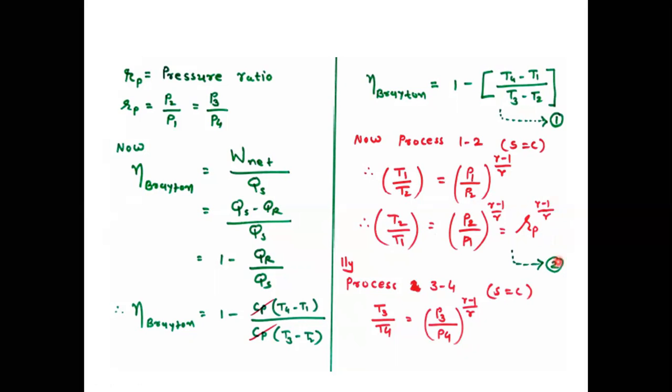And for adiabatic process, the pressure temperature relation can be written in this way. Here the process is 1 to 2, that is why I write T1, T2. Here the process is 3 to 4, that's why I have to write T3 divided by T4 is equal to P3 divided by P4 raised to gamma minus 1 upon gamma. And you can see here P3 by P4 is Rp.